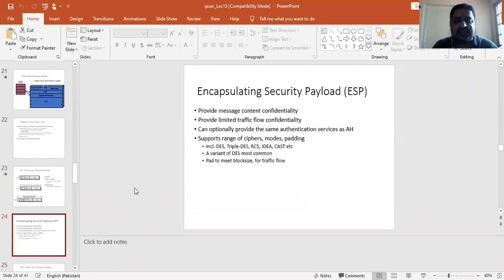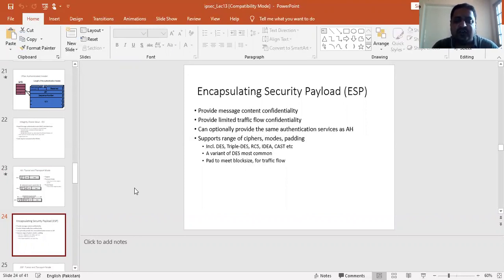And then we are discussing the encapsulation security payload. It provides message confidentiality, as it is used to encrypt the data. So whenever we are encrypting the data, we need this part of the IP security protocol, which provides security by way of providing secrecy, or confidentiality, to the data.